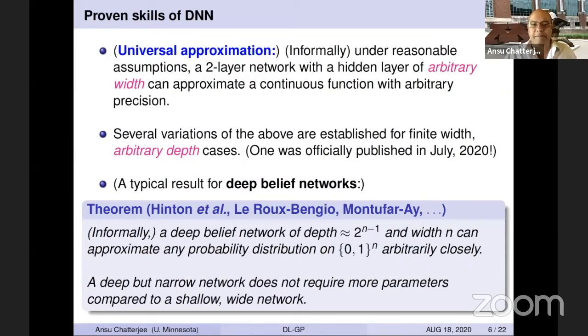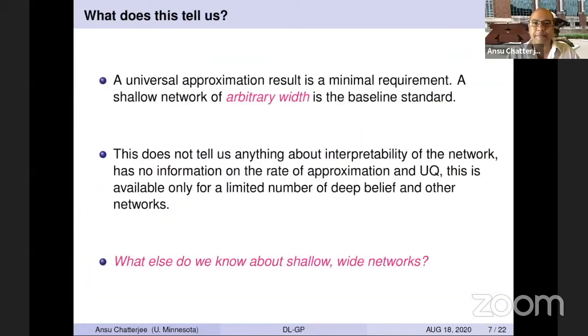You could train a deep belief network, which is not particularly popular these days, but it is another kind of artificial neural network with about 2 to the power n minus 1 depths, that could get arbitrarily close to this. Okay, so a deep but narrow network does work. It also does not require more parameters than what a shallow, wide network would do. So these are the kind of theoretical results that have been developing. And some of these are coming out even now. One got published, a really good one got published last month.